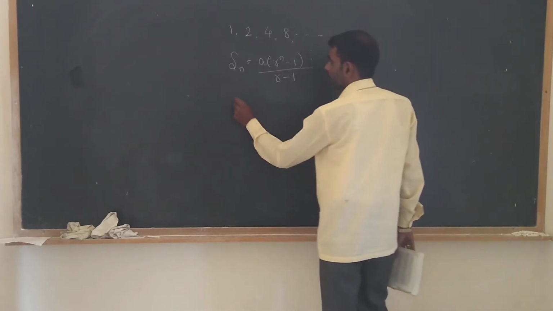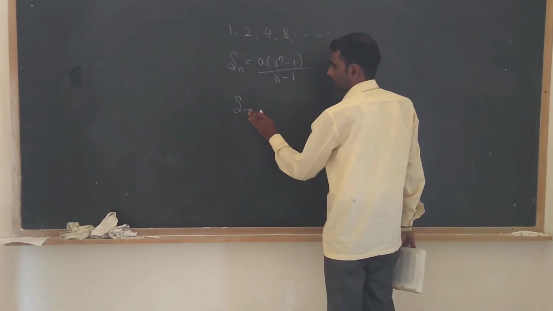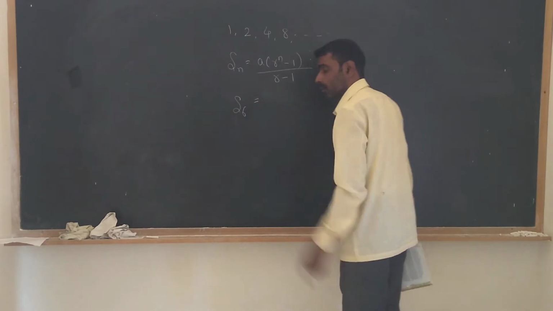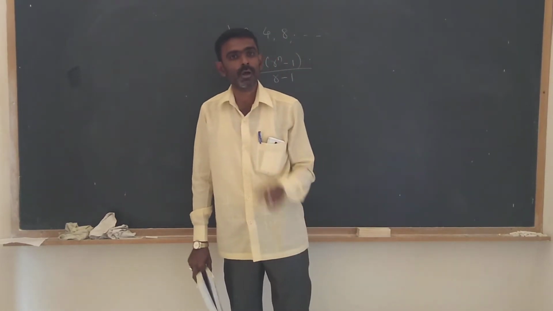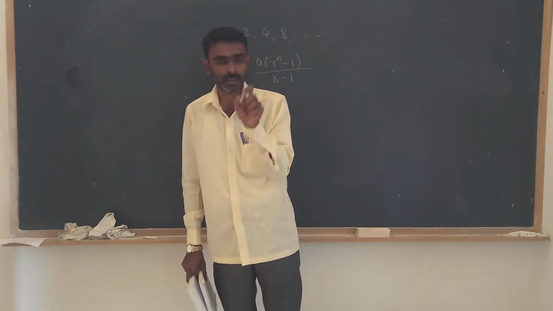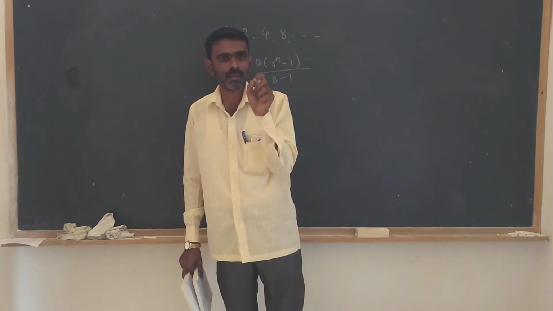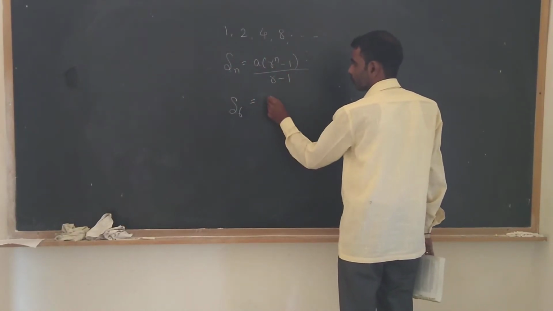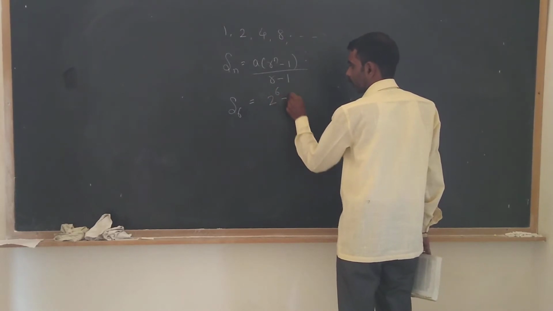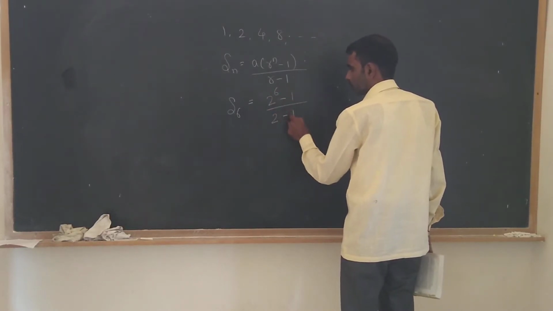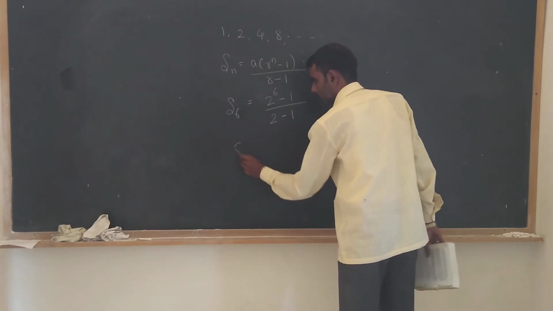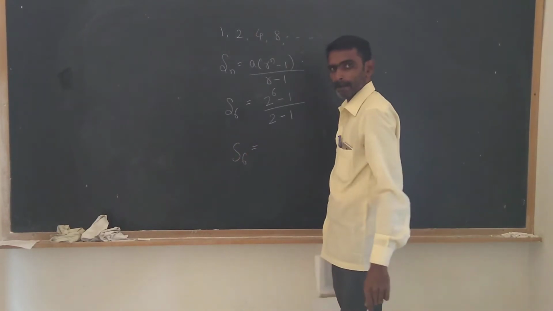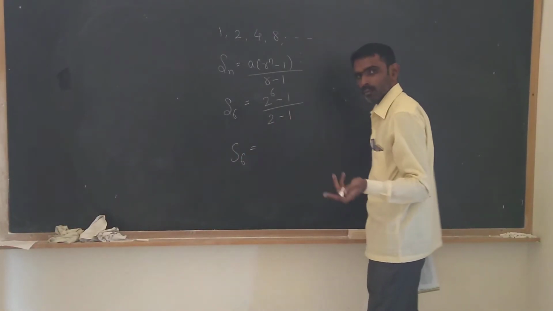Now, Sn is S6, that is the sum of the first 6 terms of the GP. So this will be 2^6 - 1 divided by 2 - 1. So S6 is equal to, now 2 - 1 is 1.